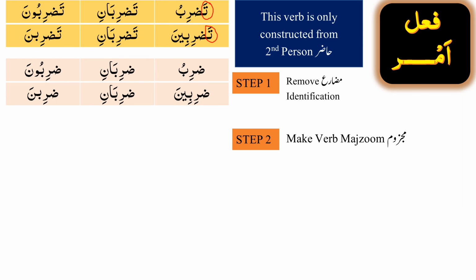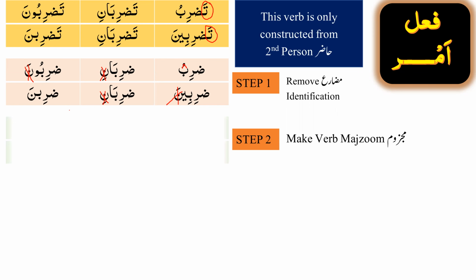So how do we make this verb majzoom now? Sir, in the singular, for the dhamma, we will convert into jazm. Yes. And for the feminine, we will drop the noon. And for the dual, all noons are dropped. Yes. And for the plural masculine, only the noon is dropped, whereas the feminine will remain the same. Very good, MashaAllah. Excellent.